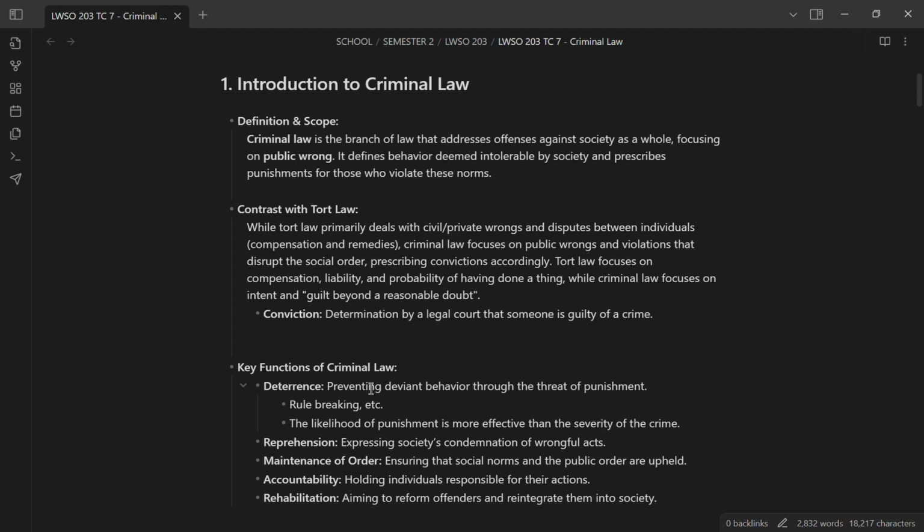Criminal law, on the other hand, focuses on public wrongs and violations that disrupt social order, and prescribes convictions or determinations by a court of guilt accordingly. So tort law focuses on compensation, liability and probability of having done a thing, while criminal law focuses on intent and, most importantly, guilt beyond a reasonable doubt, and that must be proven.